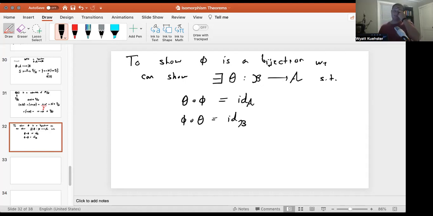The identity map is just the map that takes a thing to itself. In other words, I can show that there exists a phi inverse from fancy B to fancy A.